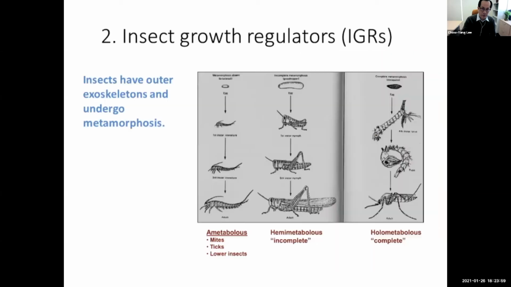If you look back at this particular slide, for insects that go through many stages of molting, a chitin synthesis inhibitor is probably a more suitable compound, such as for cockroaches or termites. They have to go through many different molts. These are insects that normally undergo incomplete metamorphosis. But chitin synthesis inhibitors could, of course, also be used against mosquitoes.